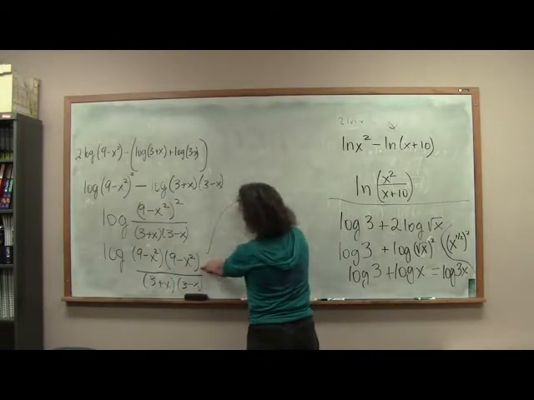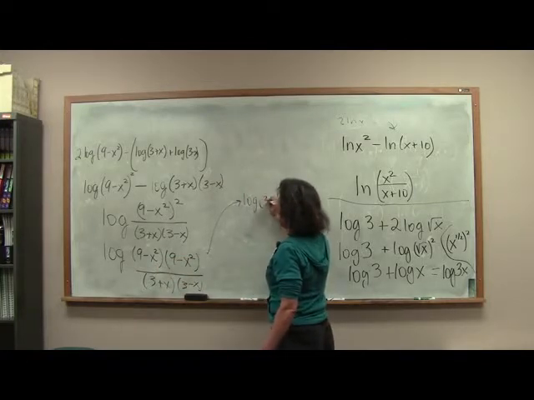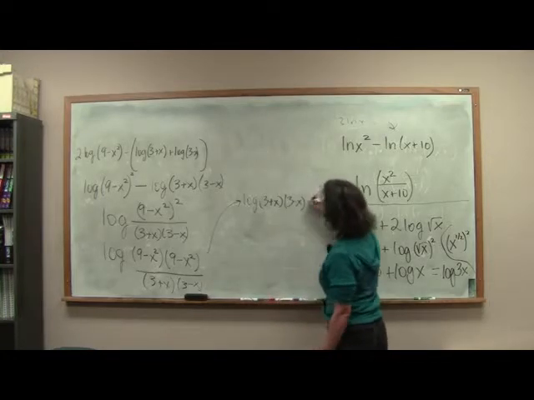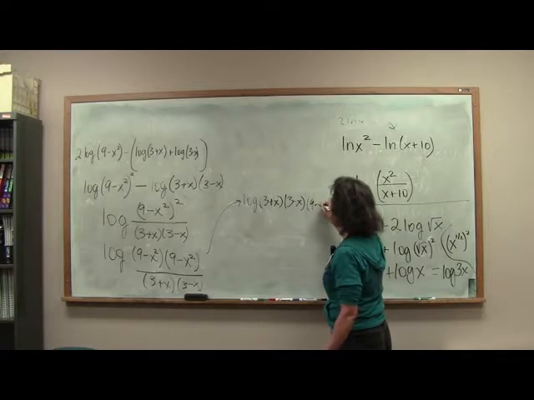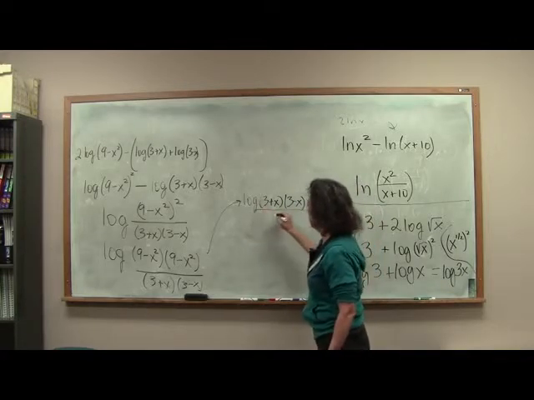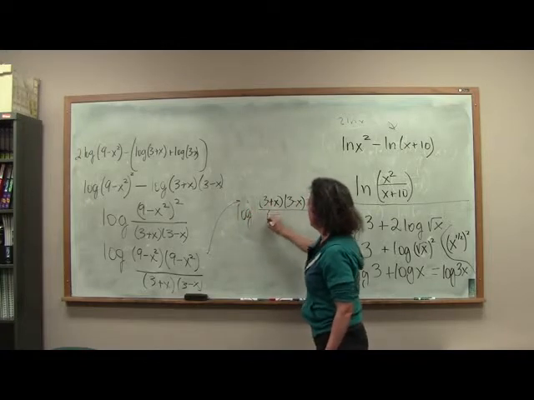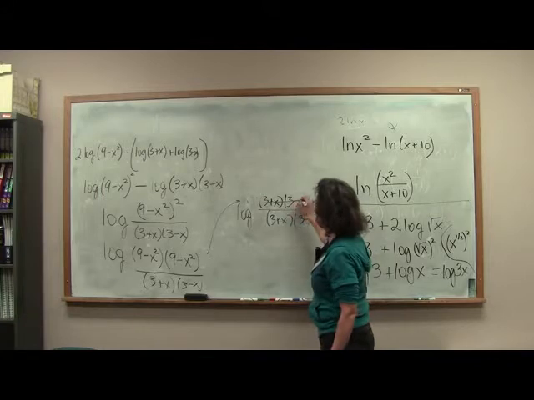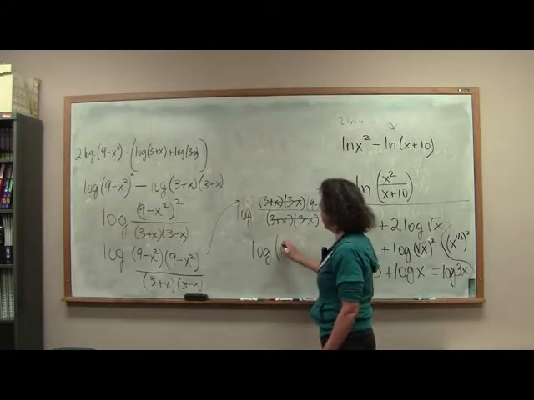So from here, I'm just going to factor one of them: (3 plus x)(3 minus x), and, well, we could do it twice, or we could just write 9 minus x squared. Let me put the log in front. And then we have (3 plus x)(3 minus x). Notice those cancel. So this really simplifies to that.